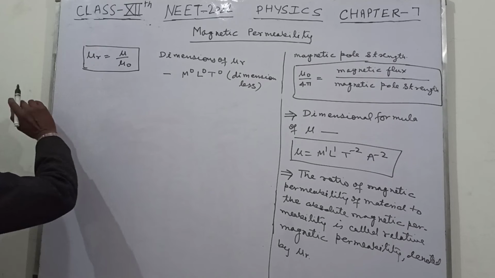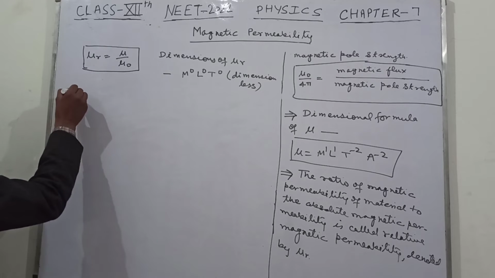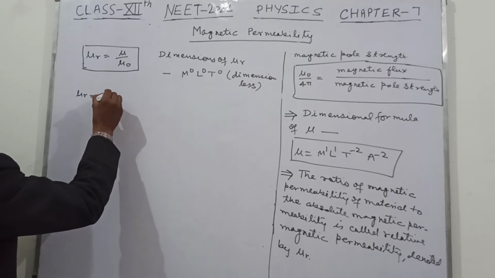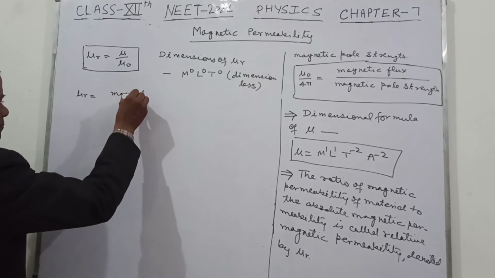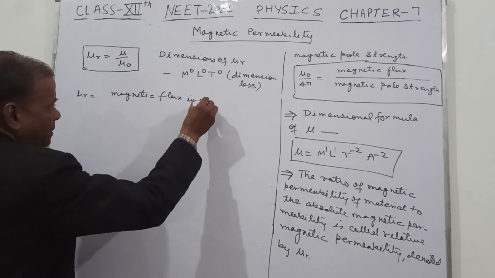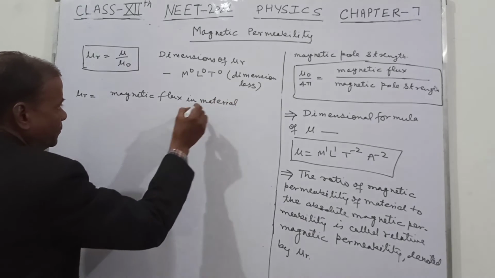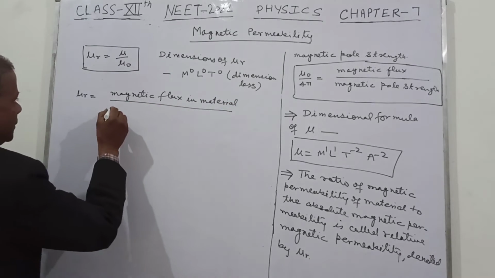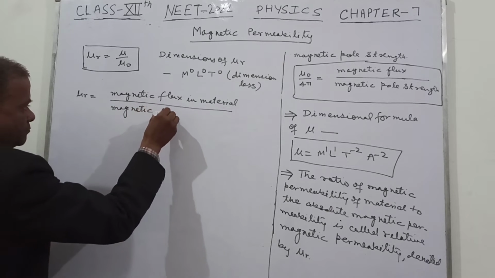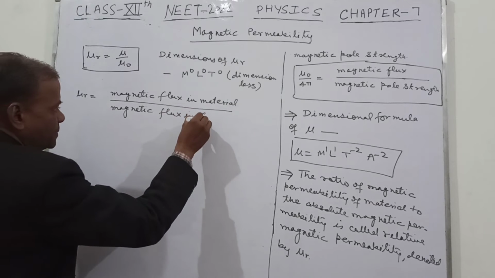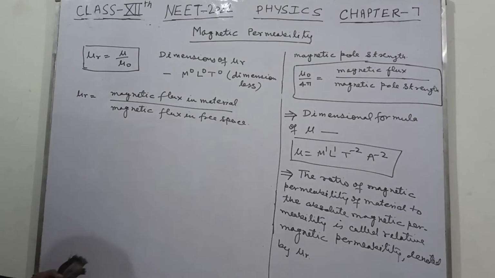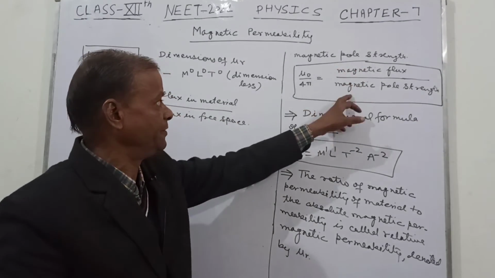And we can have one more definition that we can derive from this one is that this mu r is equal to magnetic flux in material upon magnetic flux in free space. This is one more, having a similar definition.